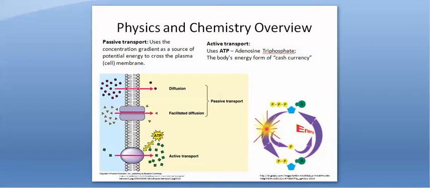So, in order to create that electrochemical gradient at a resting membrane potential of negative 70 millivolts, which means it's more negative on the inside of the cell versus the outside, we need to use adenosine triphosphate.